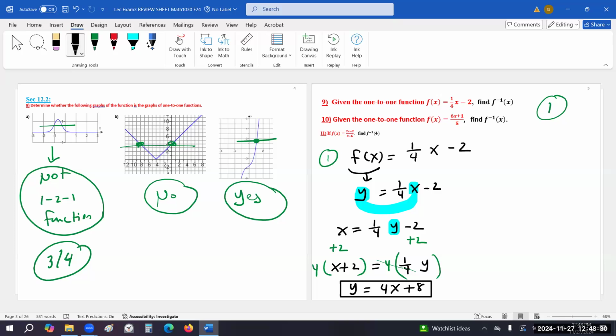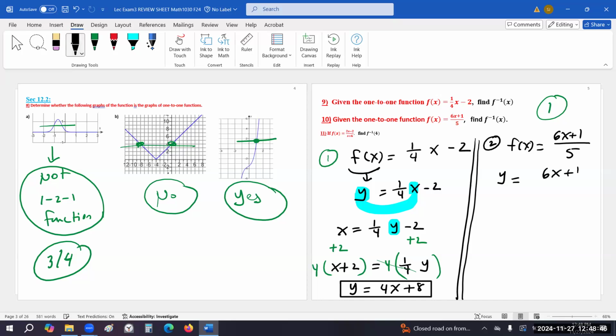Let me also show you the next one. F of x is (6x plus 1)/5. Y equals (6x plus 1)/5. Before that, we need to switch them.